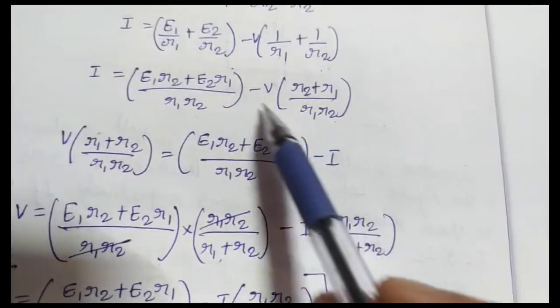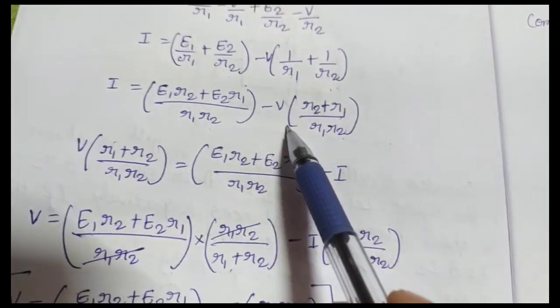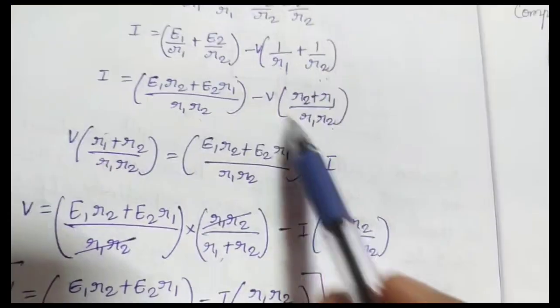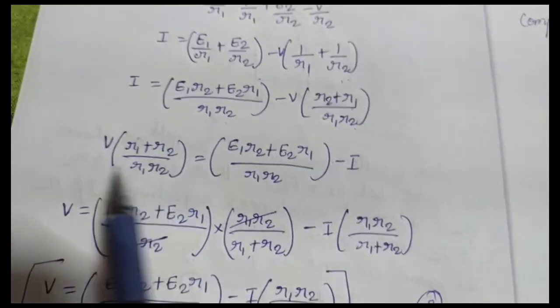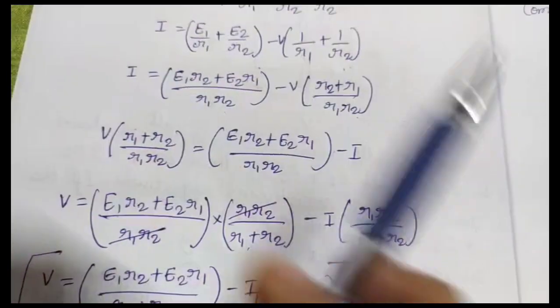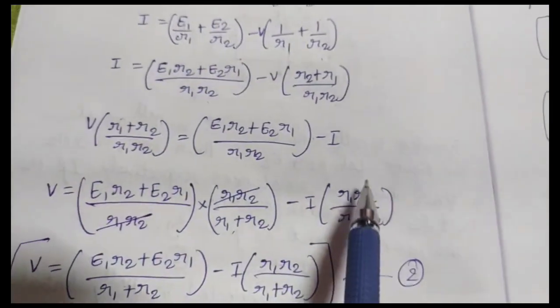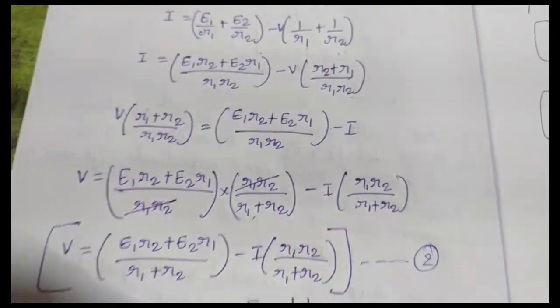On the RHS, the potential difference has a negative sign. If I shift it to the LHS, it becomes positive. I am shifting the current to the RHS, where it has a positive sign; it gets a negative sign.